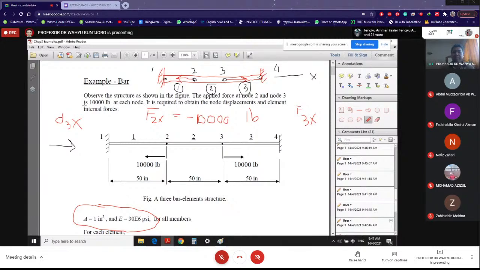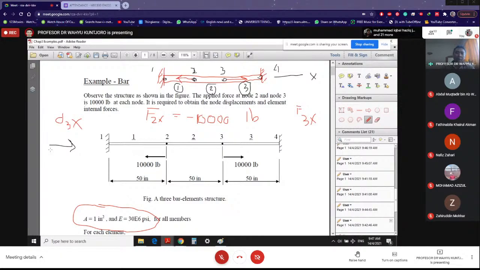In other situations, after you do the calculation, you can find out that the unknown is actually 0. But what you cannot say in this case is that D3X must be 0. What you will say is D3X is unknown, the one that you want to find out.